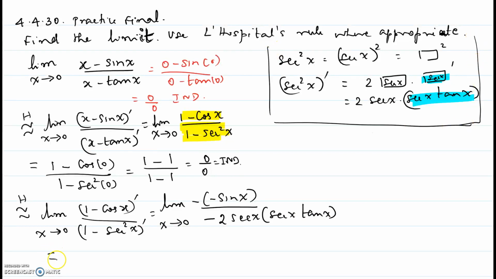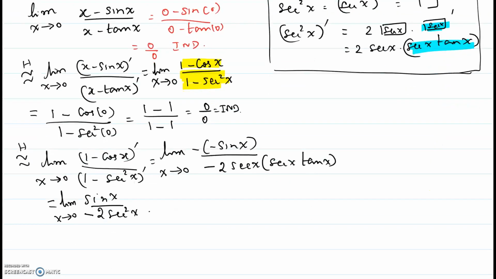So this will now be equal to sin x divided by negative 2 secant square x times tan x in the denominator, where tan x is equivalent to sin x over cosine x.